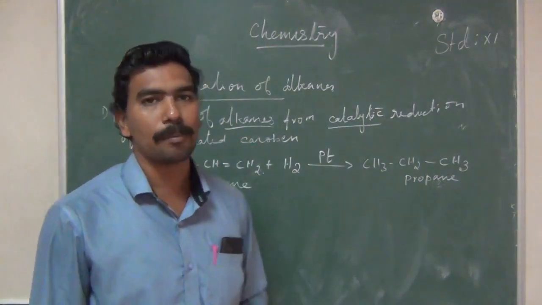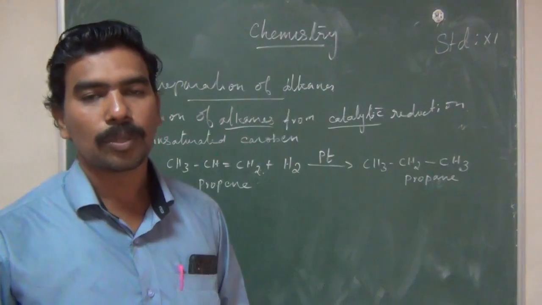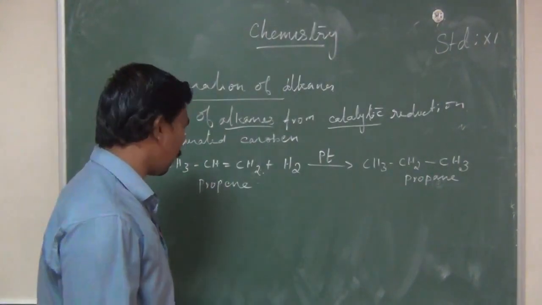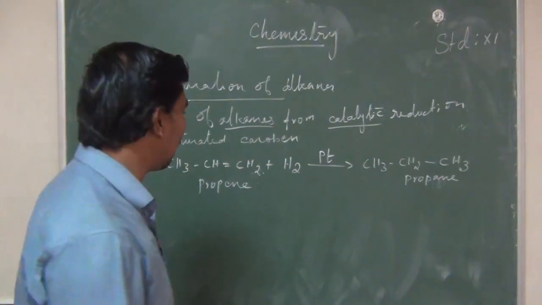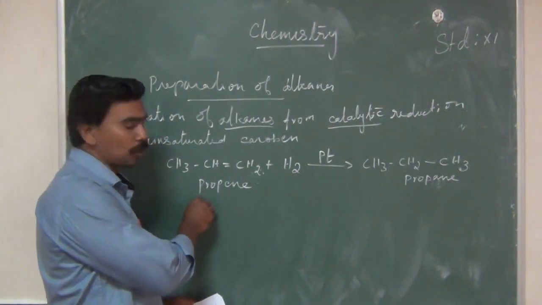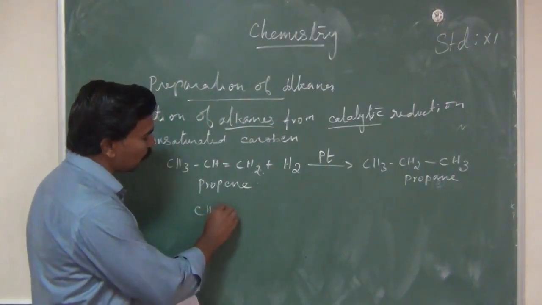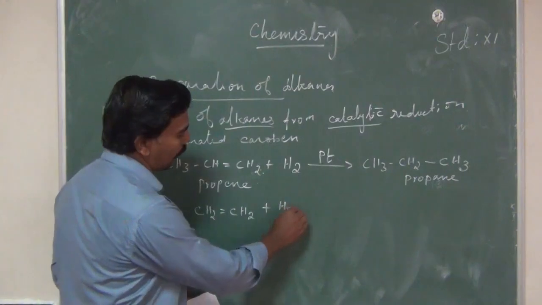Then the second example, in the presence of a nickel catalyst, heated at 298 Kelvin. This is a preparation of ethane from ethene. Ethene has two carbon atoms. So CH2=CH2 plus hydrogen.